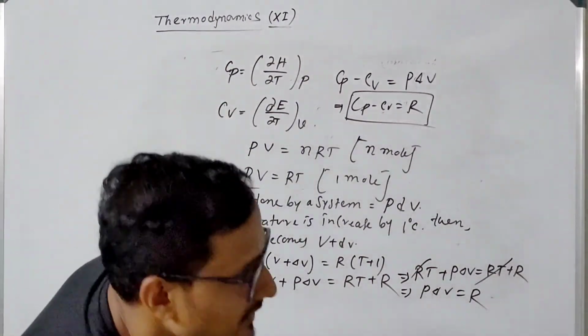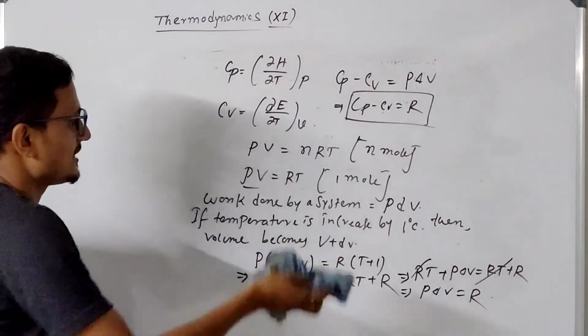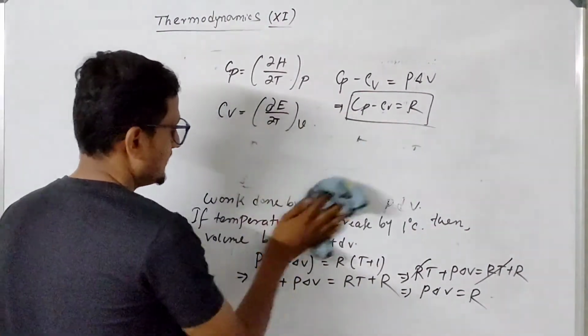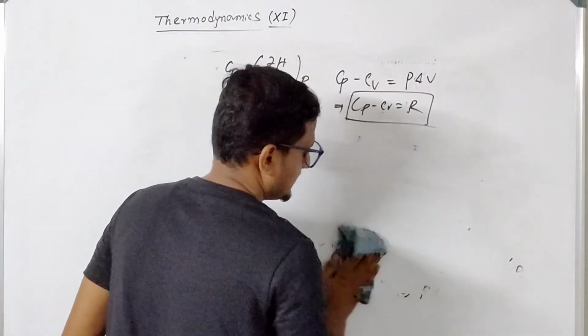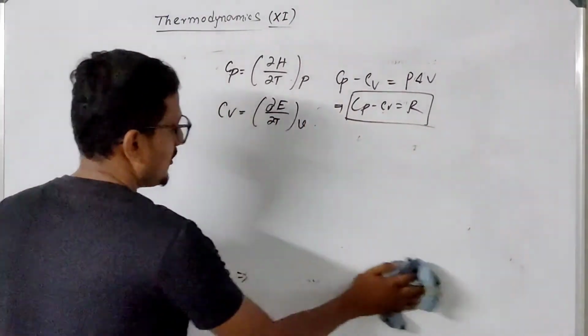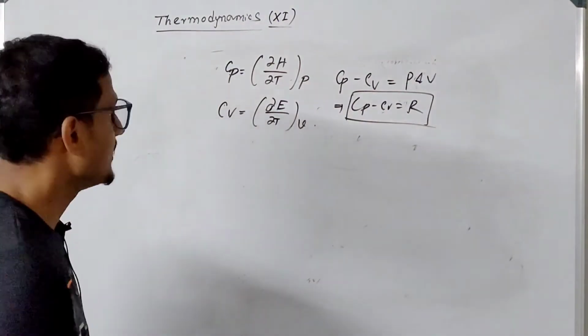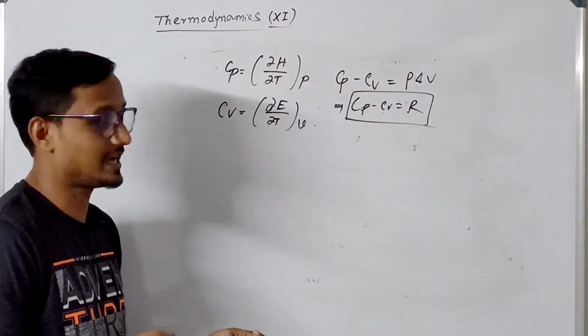Now the ratio of heat capacity at constant pressure and heat capacity at constant volume is called gamma, which depends on the atomicity of a gas.